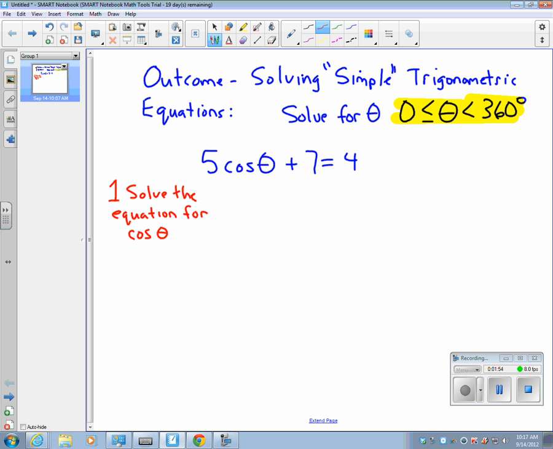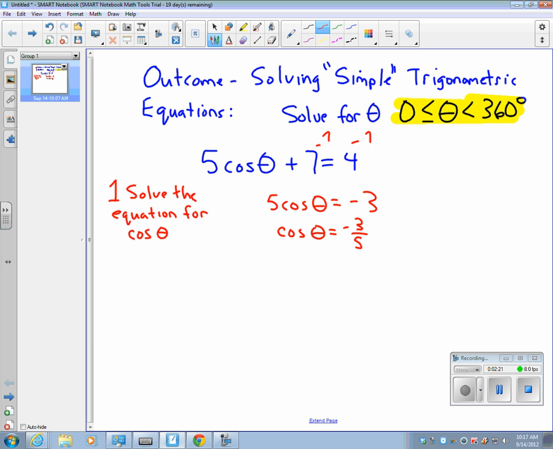Okay? So we're going to get cos theta by itself. You following me? So how do we do that? Subtract 7 from each side. Subtract 7. And 5 cos theta equals negative 3. Cos theta equals negative 3/5. Good. That's step 1.